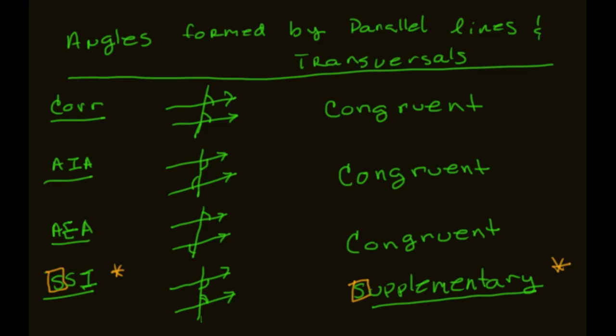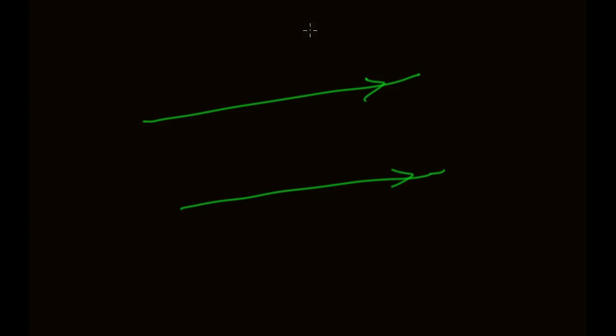Okay, so let's get a big picture here and just notice some things. Here's our big picture of two parallel lines cut by a transversal, right? Now we said that the corresponding angles must be congruent and that the alternate interior angles, oh wait, these are alternate interior, so all three of these have to be congruent.